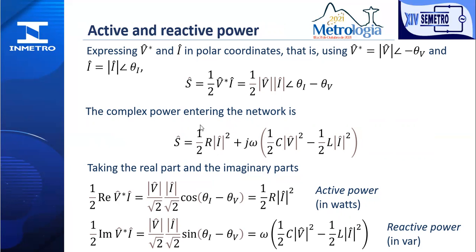This term, the active power, is related with the power dissipated as heat in the network and also related with the work realized in the facility per unit time.